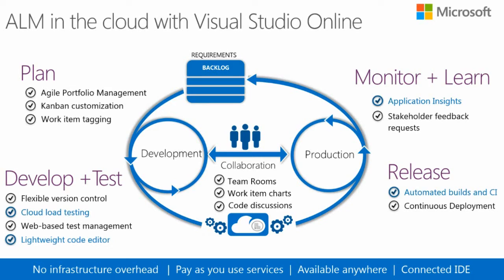Today, I want to take a deeper look into a few key scenarios that we've enabled in Visual Studio Online. So that's our cloud load testing service, a completely new lightweight browser-based code editor, and our hosted automated builds. And we'll also touch briefly on Application Insights, which will let you learn more about your application while it's running.